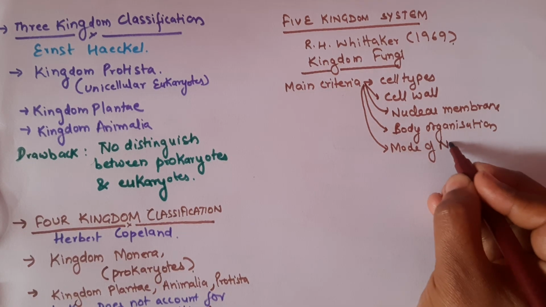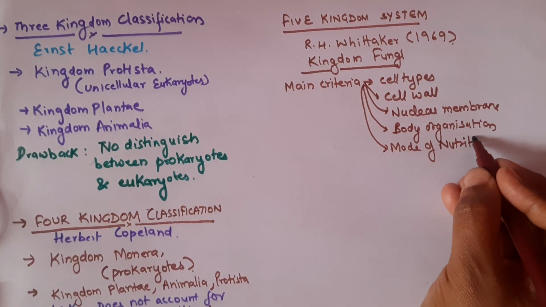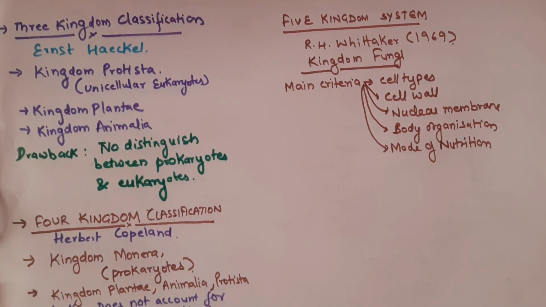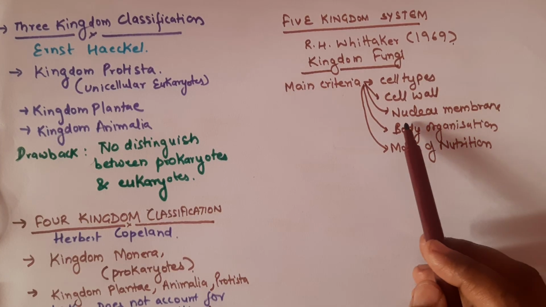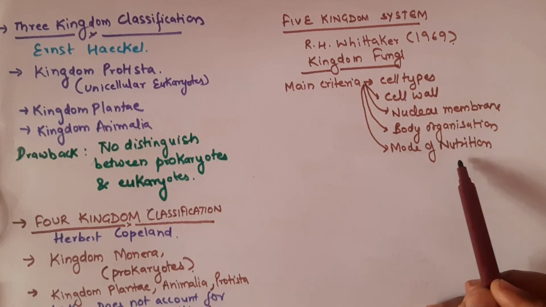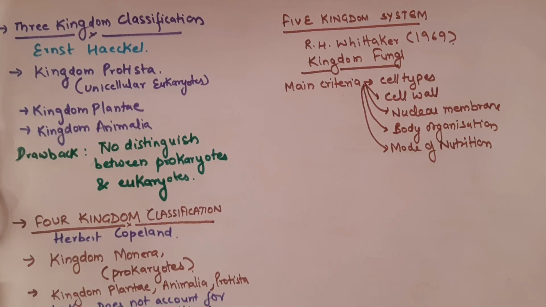So now in this five kingdom classification, the individuals are classified based on these criteria, that is the cell type, cell wall, nuclear membrane, body organization, and mode of nutrition. So now we have five kingdoms. Let's write what the five kingdoms are.